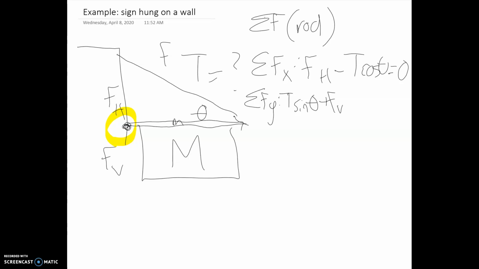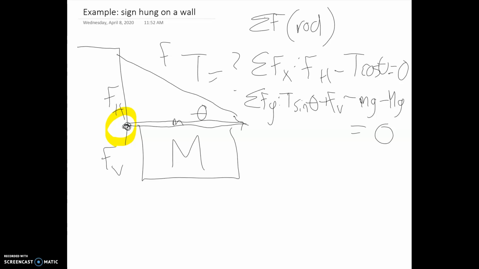Okay. And then we're going to have minus little mg and minus big Mg. And all that's going to equal 0. Sometimes they'll tell you the wall is frictionless, and then you can actually say that this vertical force is 0. That works out pretty nice when that happens. Okay. So that's what it looks like when the sum of the forces is 0.